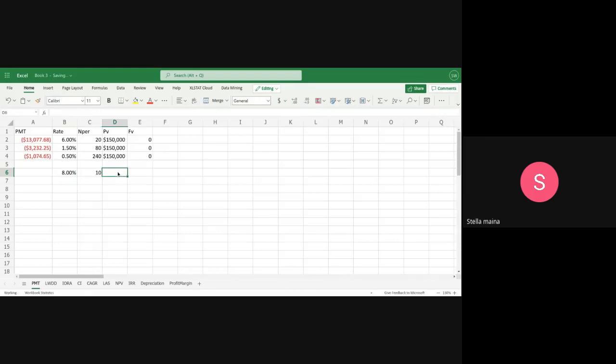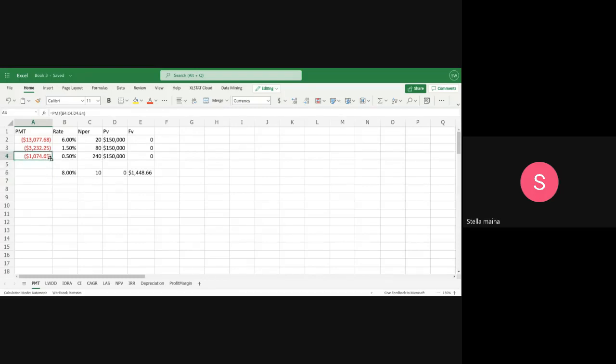Our present value is zero, and our future value, so the future value can be anything, but for this specific scenario, they gave us that. So what will be the payments that should be deposited in that account so that you can have that amount?